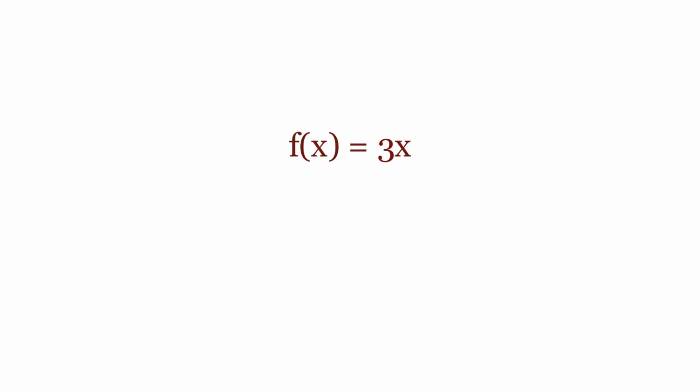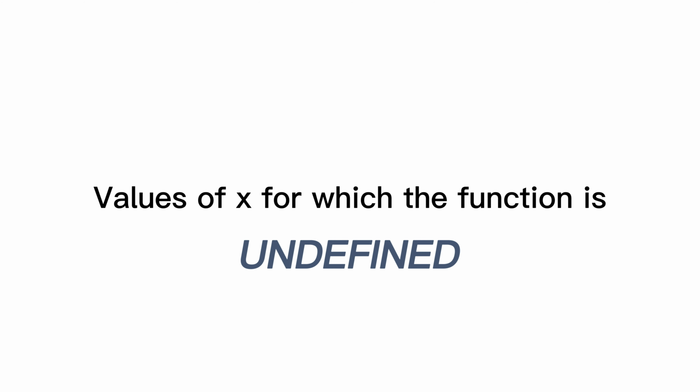It tells us that for every x input, we'll get an output of 3 times x. Remember what I said earlier about machines breaking down for the wrong inputs? In this situation, wrong inputs just mean the values of x for which the function is undefined.